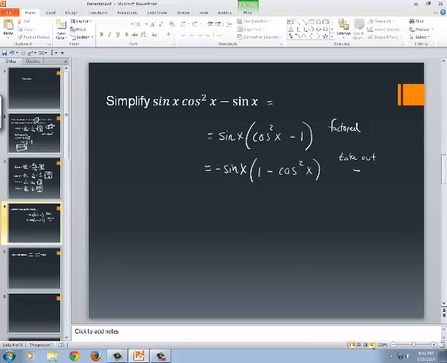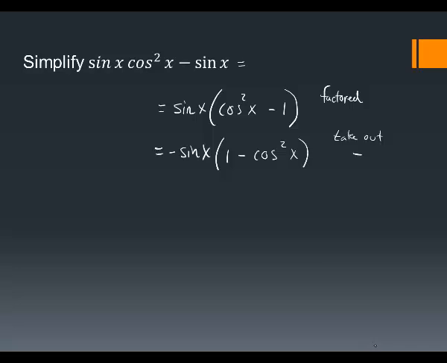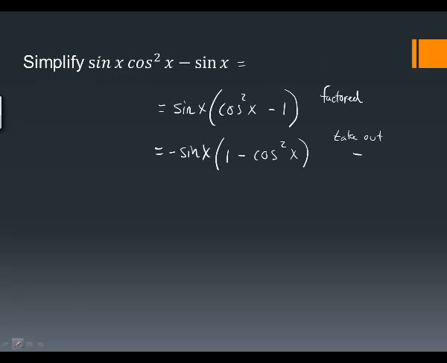Alright, so where were we? You take out the negative, and take out the negative, so this turns into our Pythagorean identity. Okay? This 1 minus cosine squared x is equal to sine squared x. So we end up getting negative sine x times sine squared x together.